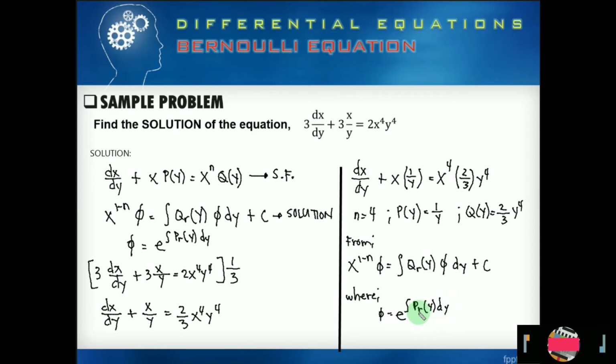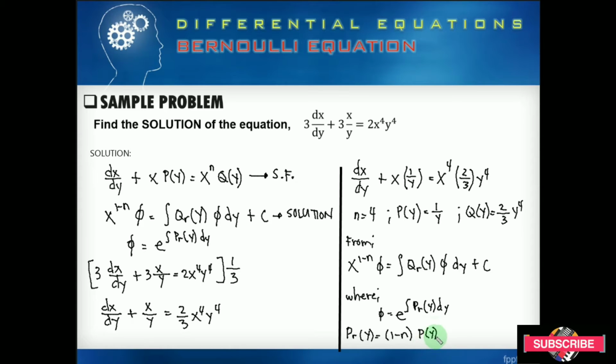So we are after to this. So ano tong p subscript r as a function of your y, okay. So if you can still remember, ang ating p subscript r as a function of your y is equal now to 1 minus n times your p as a function of your y, okay?